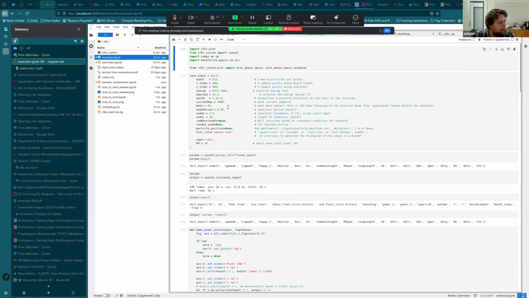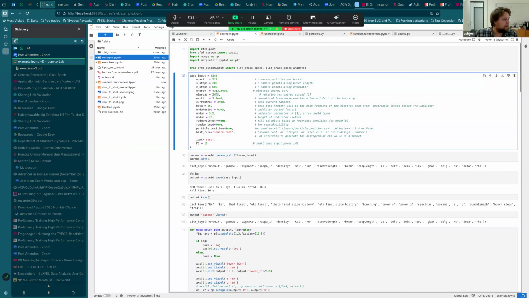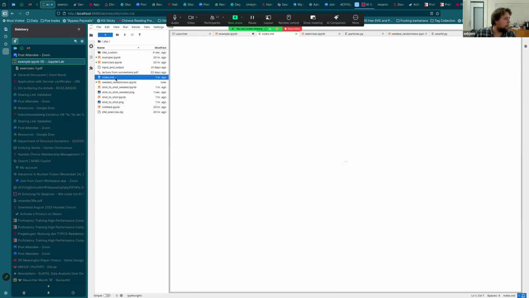There's a couple of things, because when I was playing around with it yesterday, I did it all in one big file here. Before you get started, I would just set this E spread to 0, and there's a random seed.